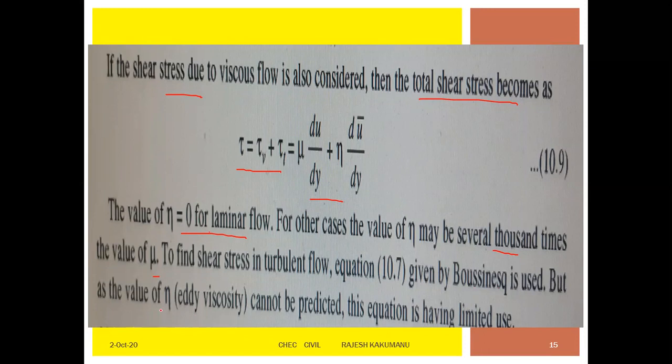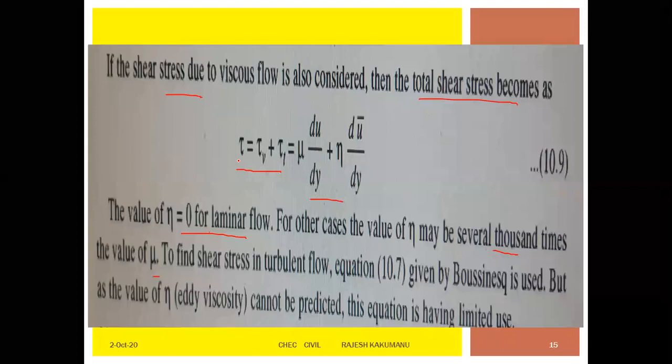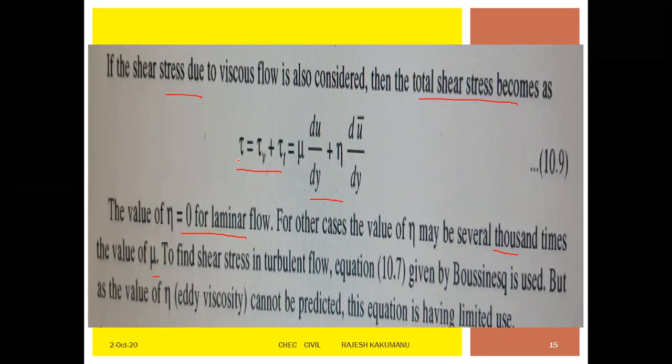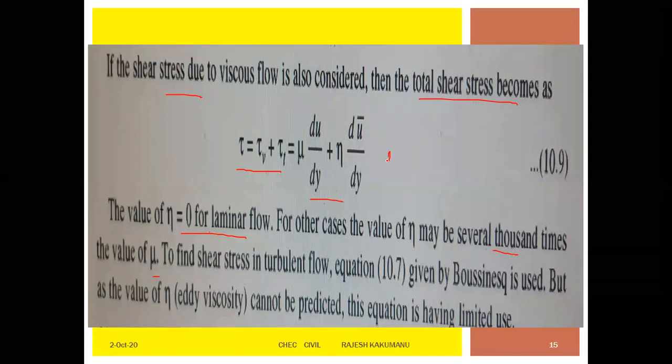But as the value of the eddy viscosity cannot be predicted, this equation has limited usage. So whenever you are getting the shear stresses for both viscous as well as turbulent flow, write the total shear stress tau is equal to tau V plus tau T. That is equal to this one. Okay. Next.